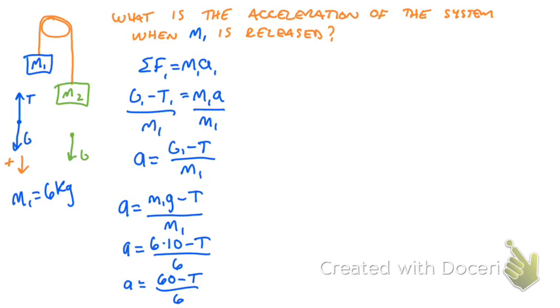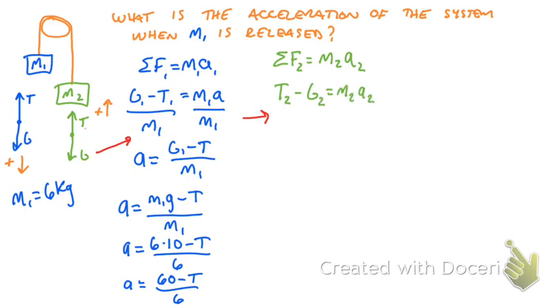Because we have the gravitational force down on m2, we have the tension force up on m2, and what force is winning for m2? Tension's winning, so we're going to have positive upward for this, which means we need to bring that tension over, and we have tension on 2 minus the gravitational force. Gravity's hurting it because m2 is moving up, equals m2a2. Now remember that these are connected by the same rope.